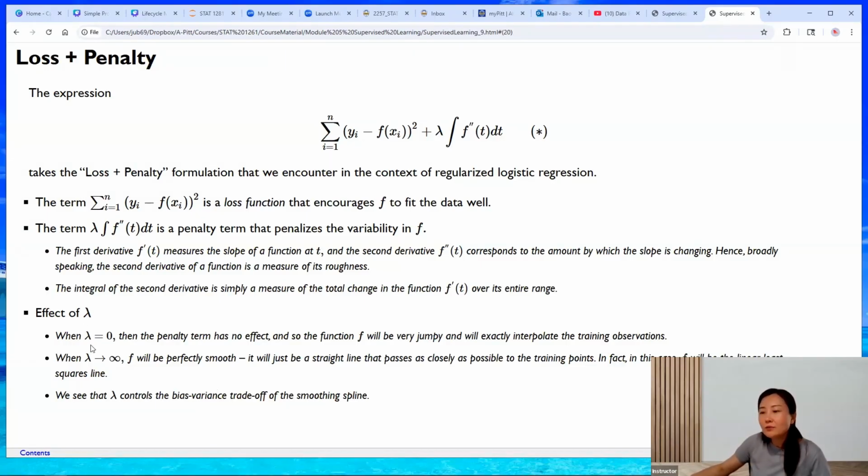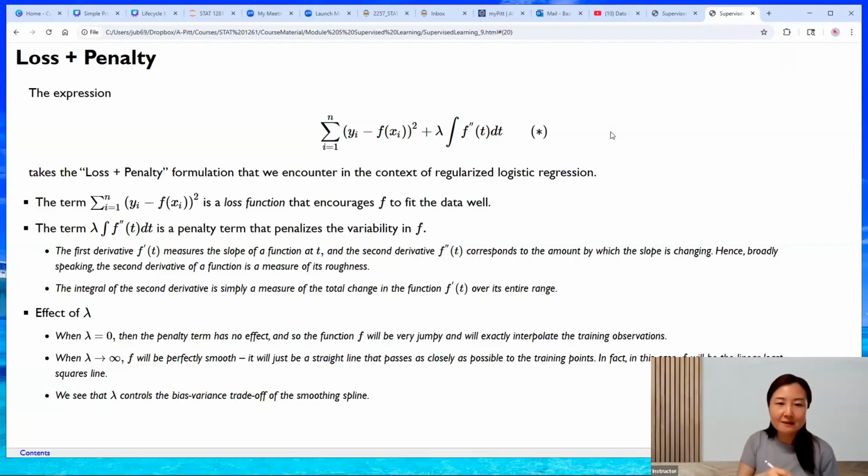If lambda is equal to 0, then this is not penalized, and the curve will be very bumpy. When lambda goes to infinity, then the penalty will be very big. The f will be perfectly smooth, which means you have to fit a linear regression model.